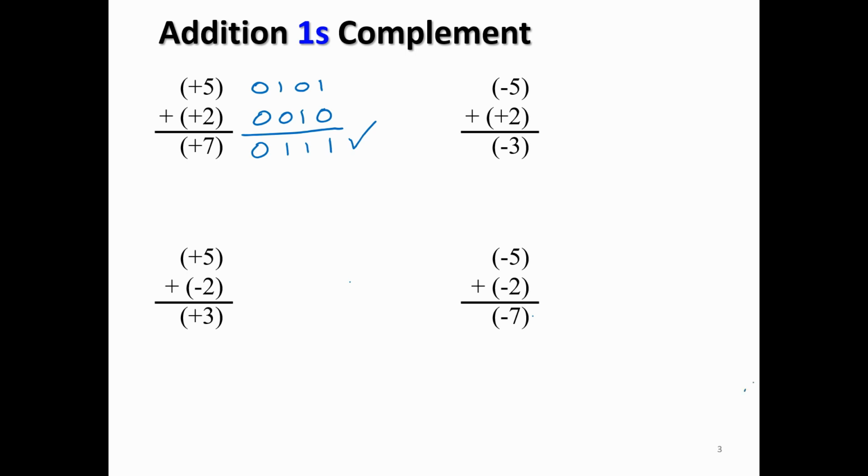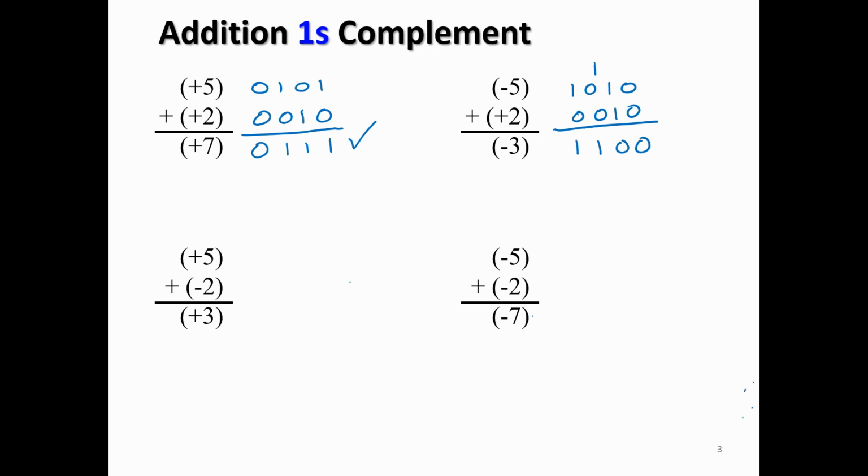Now when we have a negative 5, and remember we're using ones complement, if you've seen in a previous video how to convert a negative binary number using ones complement, we need to invert each bit of the positive 5. Then we also have 0010, and we add these: 0 plus 0, 1 plus 1 equals 2, which in binary is a 0 and we carry 1, then a 1 and a 1.